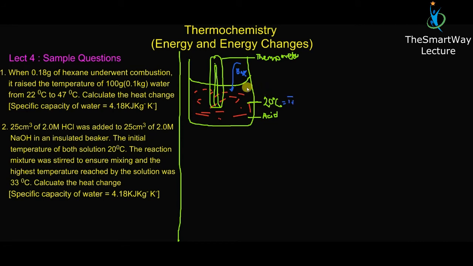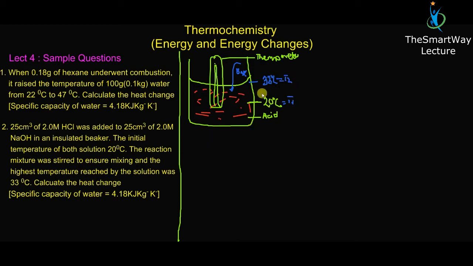Here the temperature rose to a new temperature, that is 33 degrees Celsius, that is T2. Originally both the acid and the base, each in a different container, were at 20 degrees Celsius. But when they were brought together and stirred, the temperature rose from 20 to 33.